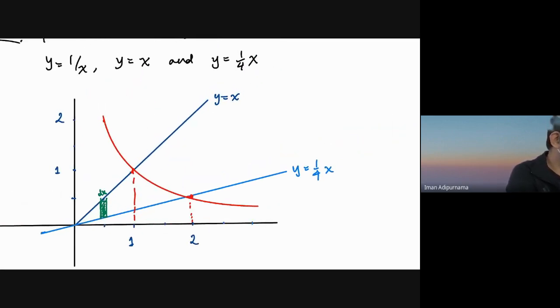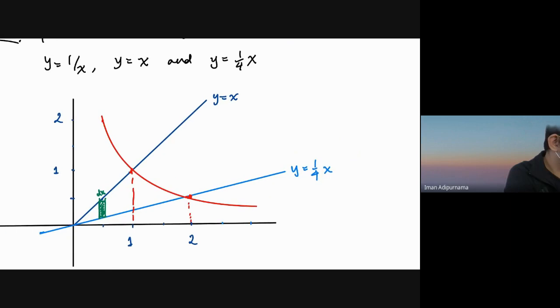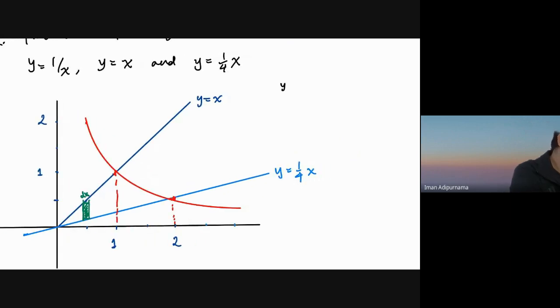If we want to confirm our point, we can make it into the equations. So this is y equals square root of x, and 1 over 4x.